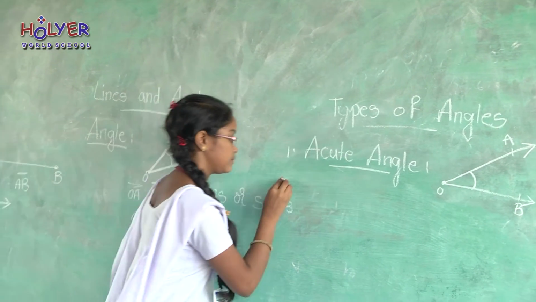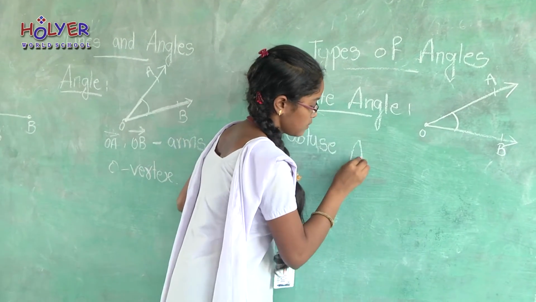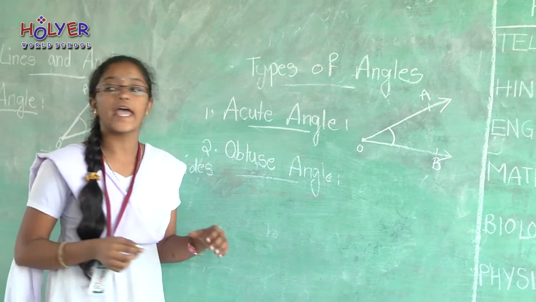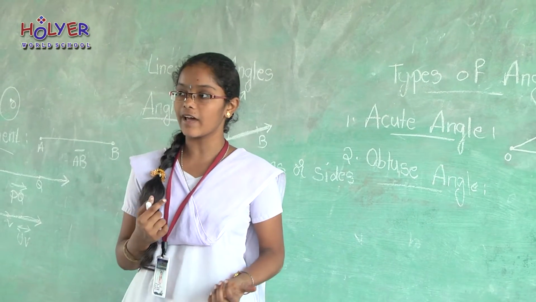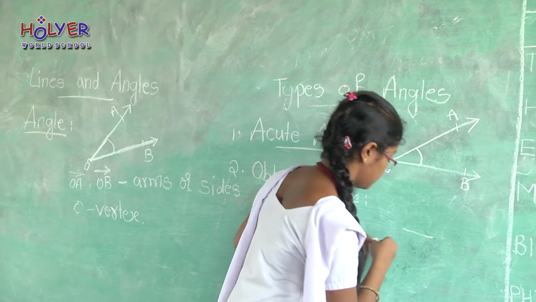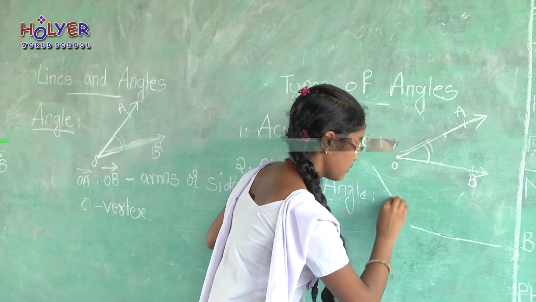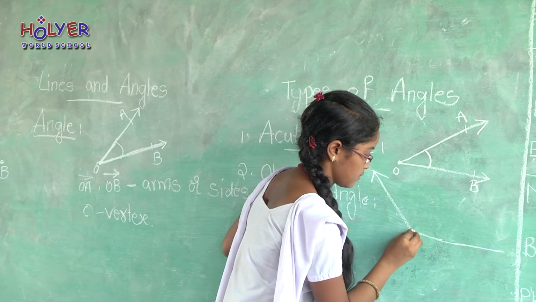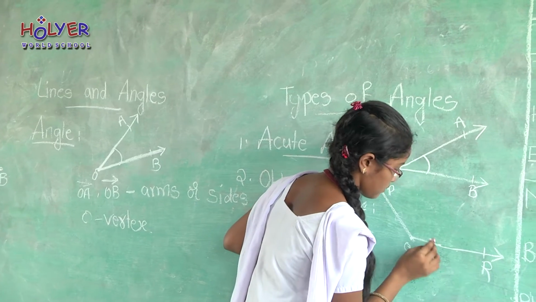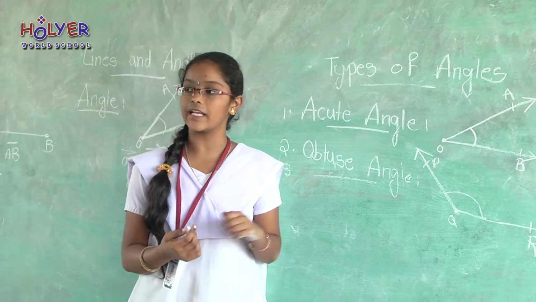Next, obtuse angle. The angle with greater than 90 degrees and less than 180 degrees is known as an obtuse angle. This is an obtuse angle with greater than 90 degrees and less than 180 degrees.